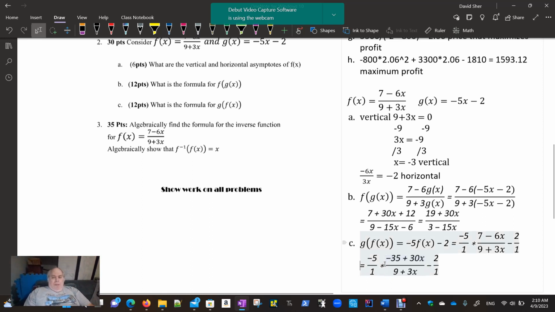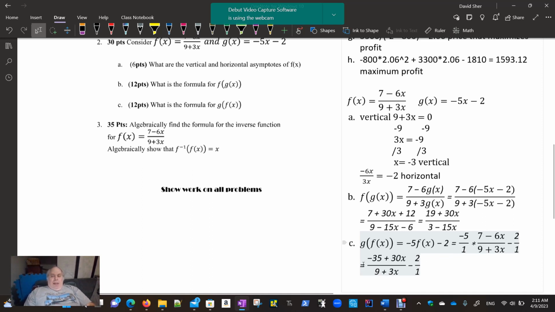So we've multiplied minus 5 times 7 to get minus 35, and minus 5 times minus 6 to get plus 30x.